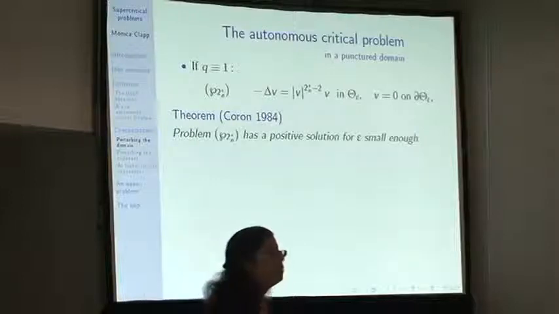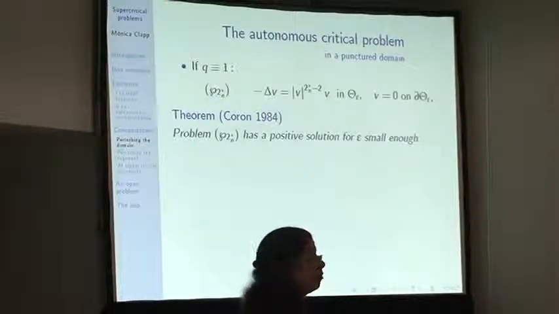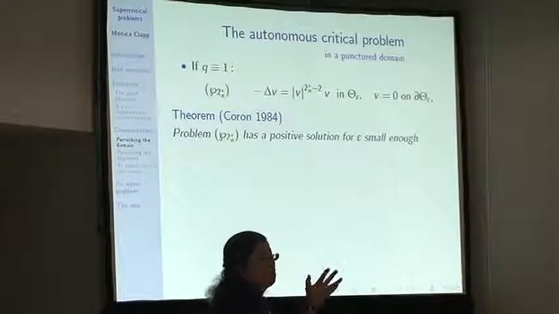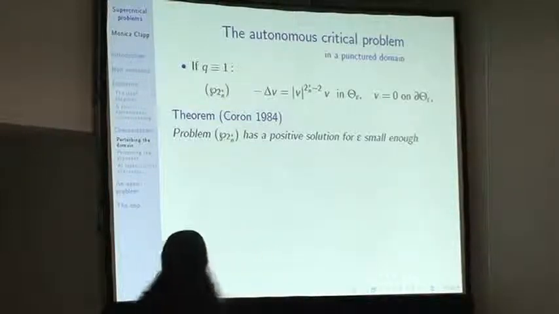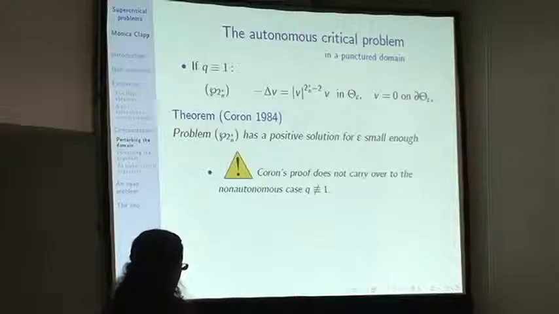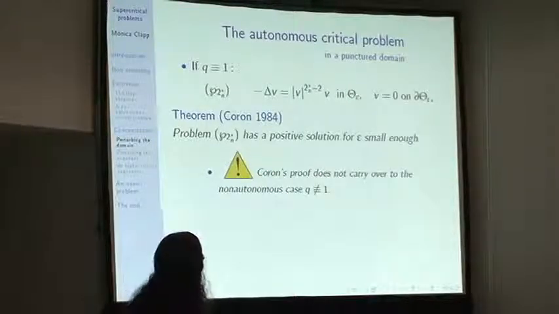This result was previous to that of Barrio and Coron because, of course, making a hole of whichever size generates topology. But if you try to follow Coron's proof in the case where Q is not the function 1, then the proof does not go through.